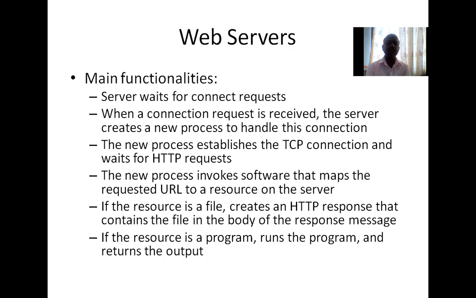The new process invokes software that maps the requested URL to a resource on the server. If the resource is a file, it creates an HTTP response that contains the file in the body of the response message. And if the resource is a program, it runs the program and returns that output.